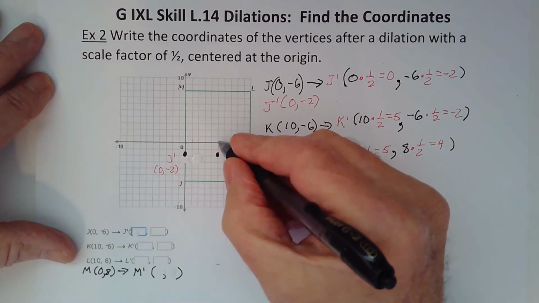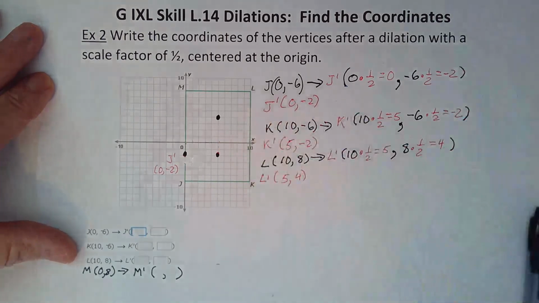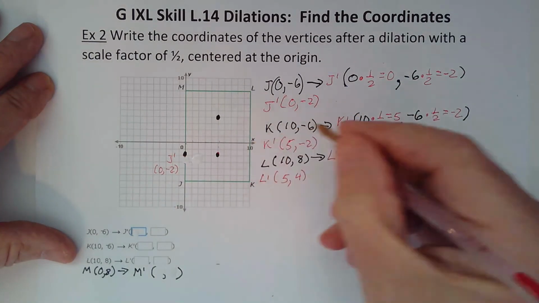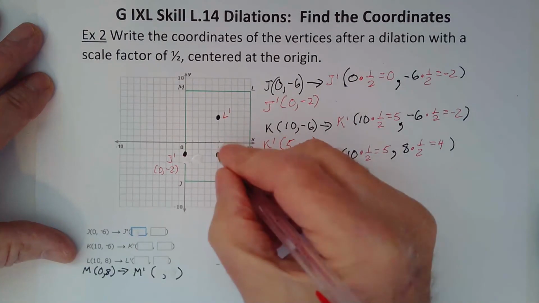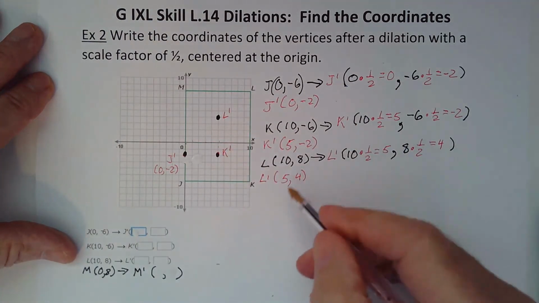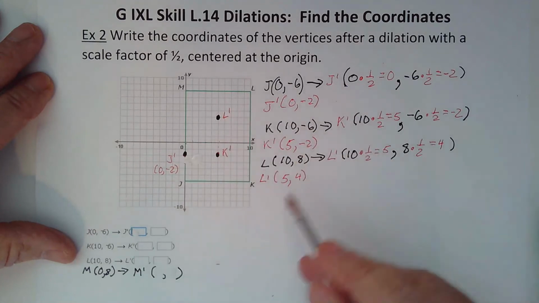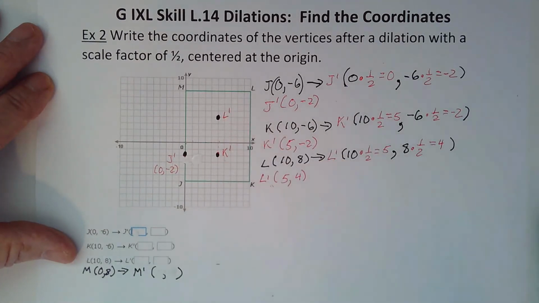Here's 5, and here's 1, 2, 3, 4. Now I did not write in the coordinates. This is L prime. Previous one was K. I did write the coordinates in. I didn't write the letters in. Okay, so we've got the coordinates in now. So L prime and K prime is here. L prime is here.